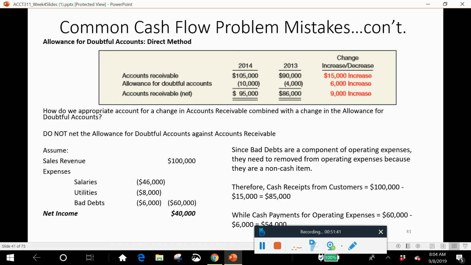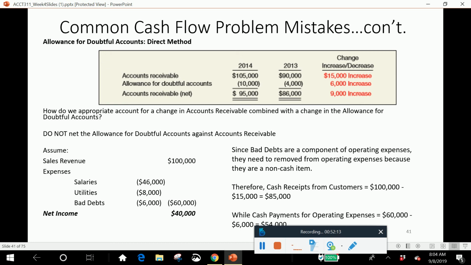Okay, so if we go back to slide 14, which gave us the formulas for determining direct method cash flows from operating activities.